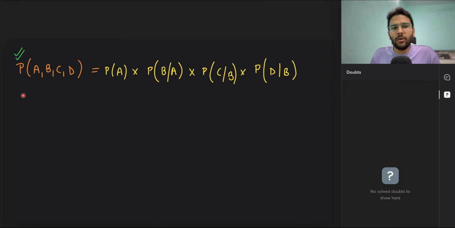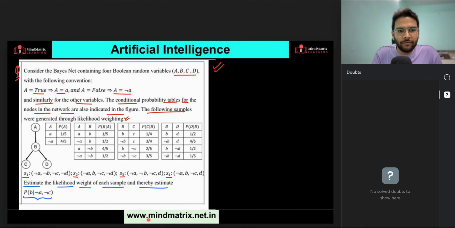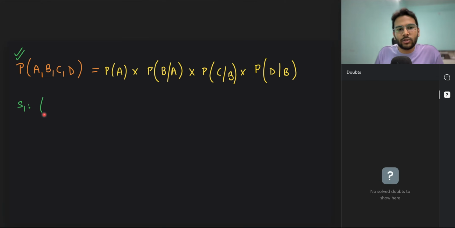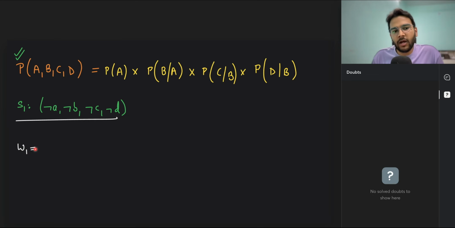Fine. Now let's consider the first sample. It is not of A, not of B, not of C, not of D. This is the first sample given to you. Now we are interested in finding out W1. Very simple.